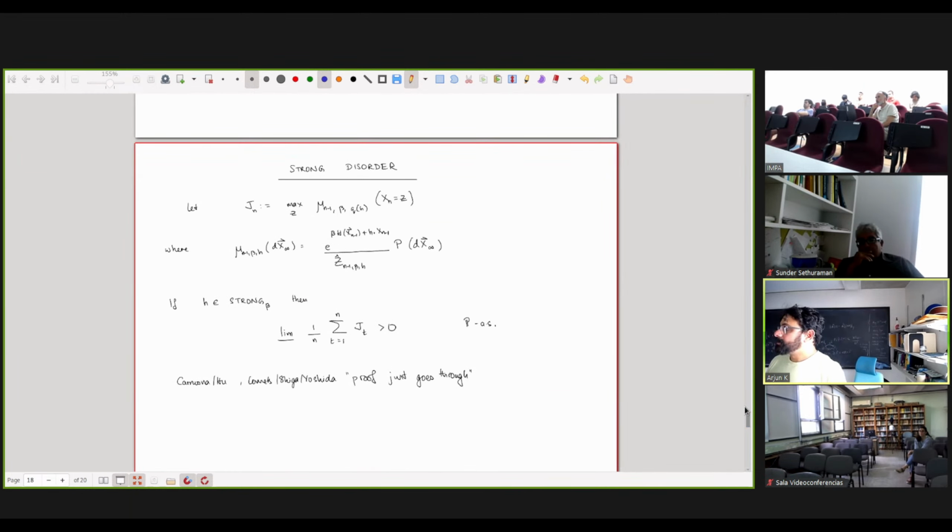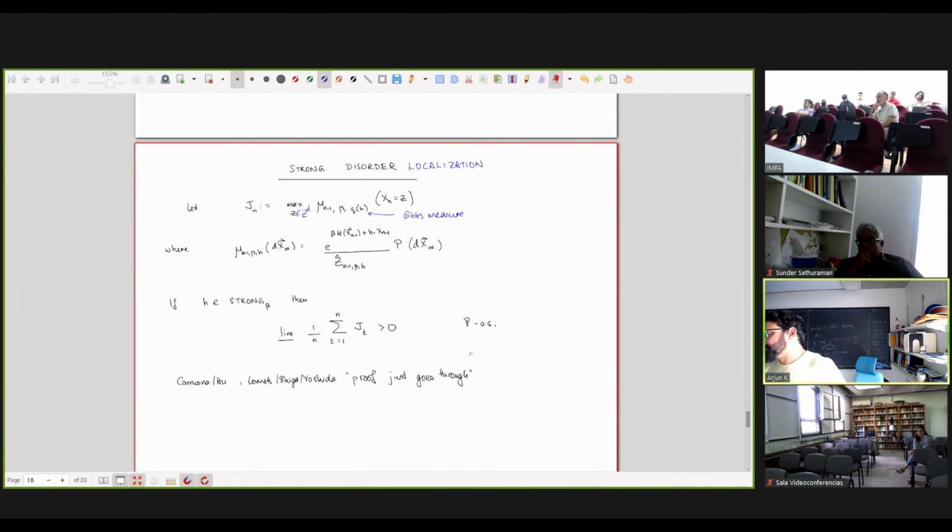Then the strong disorder localization is also true. We'll spend a few minutes to explain it. If you remember the Gibbs measure with some field H, I define this quantity Jn, which looks at the max of the Gibbs measure over all z in Z^D.